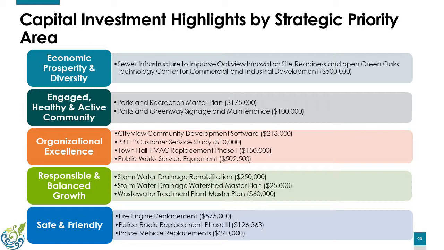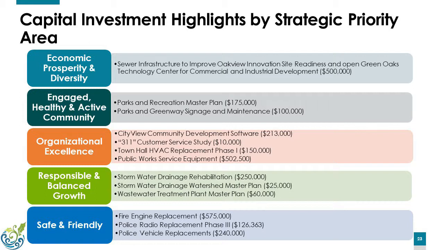Also recommending phase one of the HVAC replacement in Town Hall. This building, it may not look like it, but it's a little bit over, I think, 15 years old. And we have original HVAC equipment. We have 4 main units that support the building. And this phase would address at least 2 of those units, and then doing a second phase in a subsequent fiscal year.